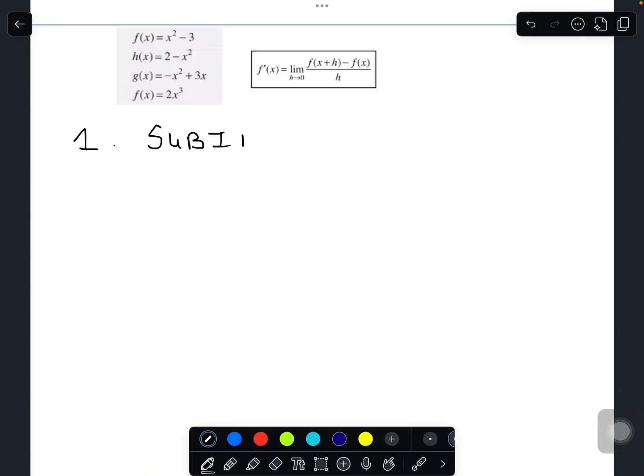So we're substituting everything in. Our second step would be to simplify, and that's when we are multiplying everything out. Our third step would be then to cancel off.